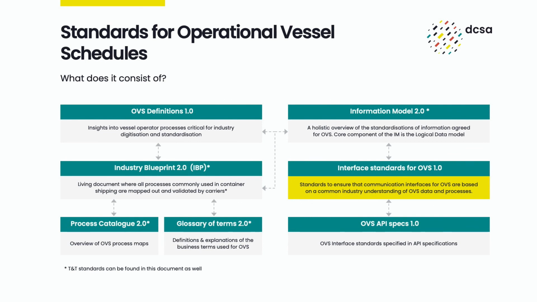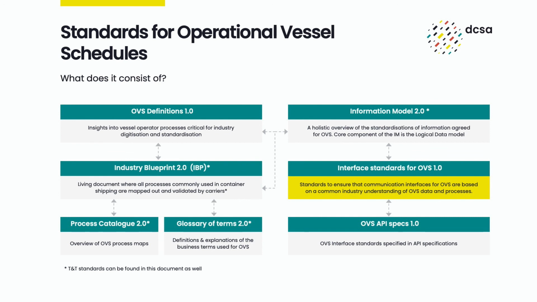The second aspect is that the interface standard is technology agnostic. That means we don't dictate the technology to be used for adoption of the standard. Having said that, the third aspect is our belief that APIs are the technology of the future. As part of our interface standard, we therefore also define API specifications on SwaggerHub.